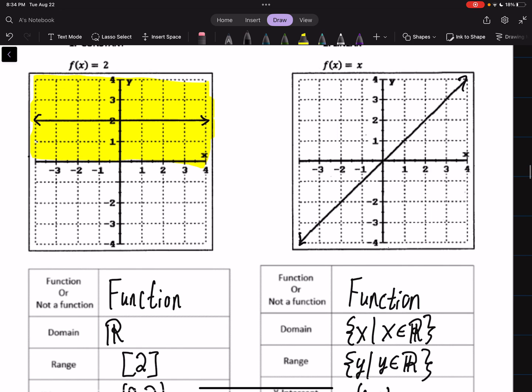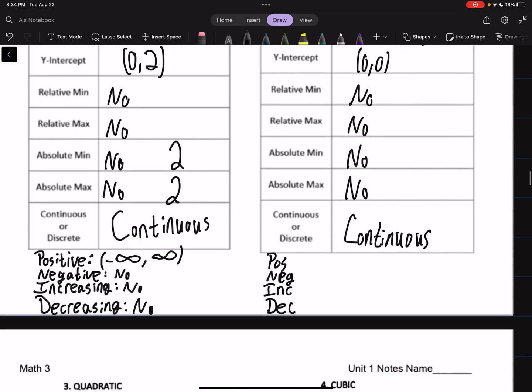Alright. It is positive, again above the x-axis, after it passes the origin. 0 is not a positive number. It is not a negative number either. So, it is positive when x is greater than 0. It is negative when x is less than 0.